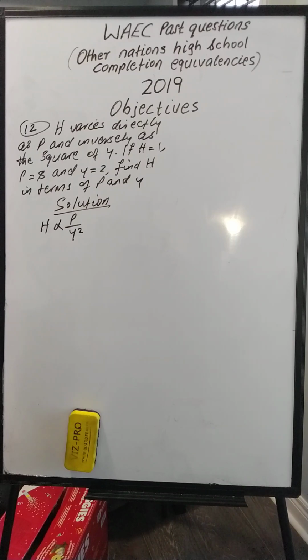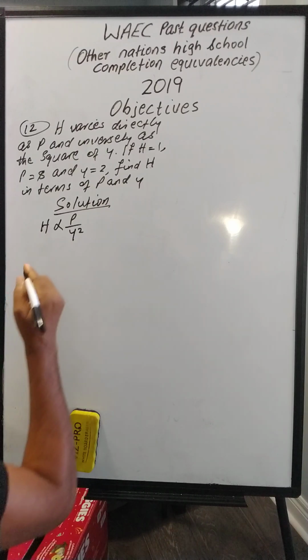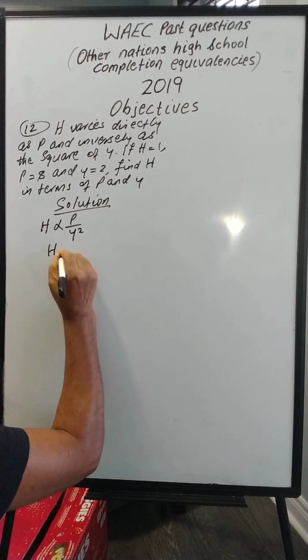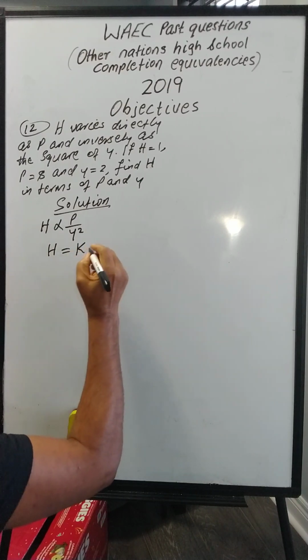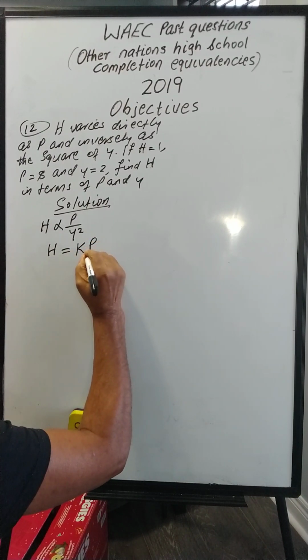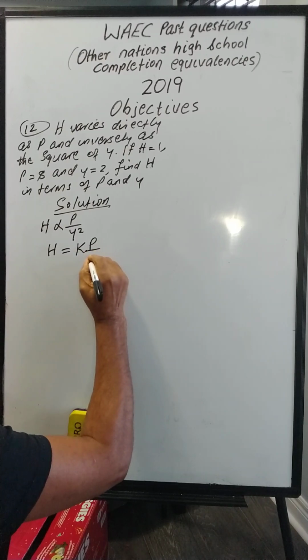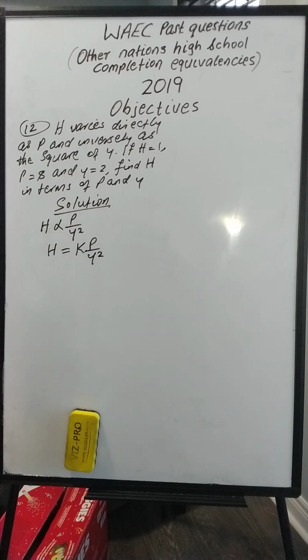Then we substitute the values as given. h is equal to kp over y squared. Having done that, we now substitute those values we are given. We are told that h is 1.